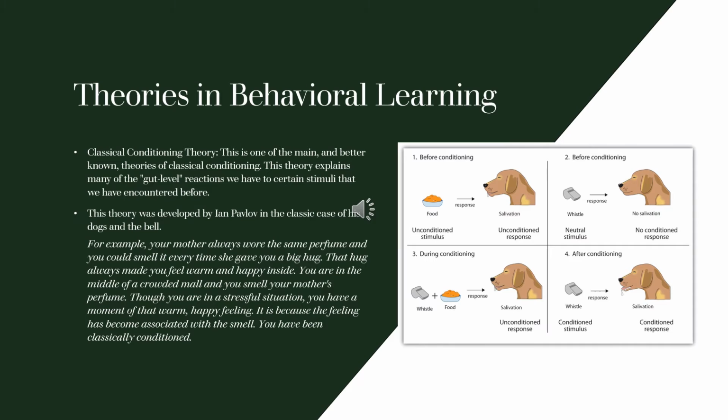Just for a second, you're going to feel that warm, happy feeling because now you associate that feeling with that smell. So you have been conditioned to behave that way, to have that feeling. This can happen in many, many instances, but it's more automatic, gut level behaviors that we learn through classical conditioning.